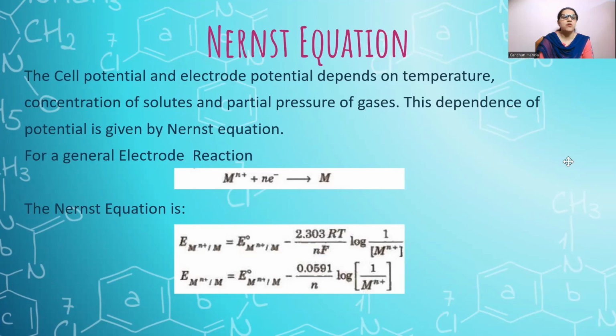This dependence of potential is given by the Nernst equation. For a general electrode reaction, which is given here, that is M^n+ plus n electrons gives M, that is metal, the Nernst equation is given as follows.